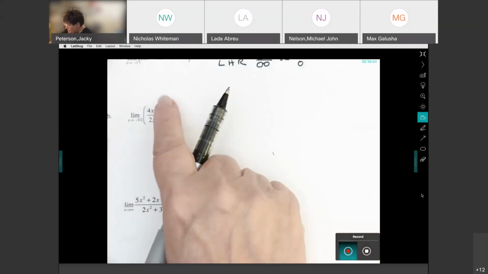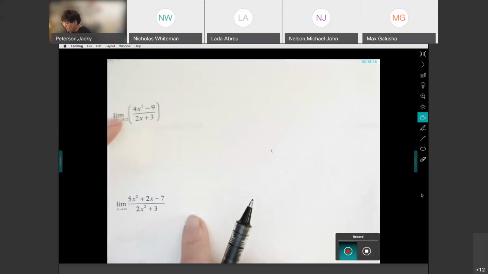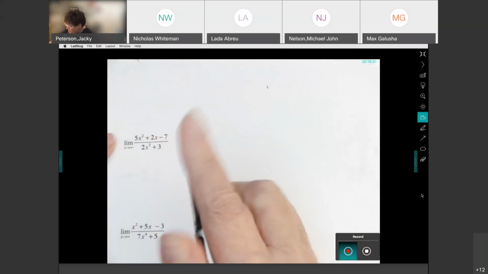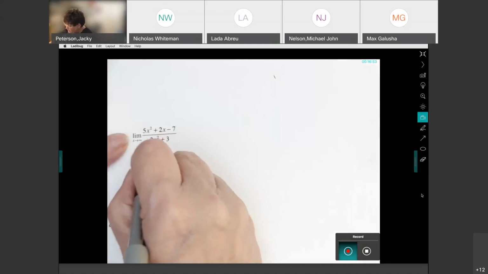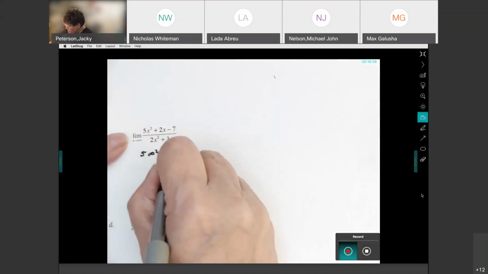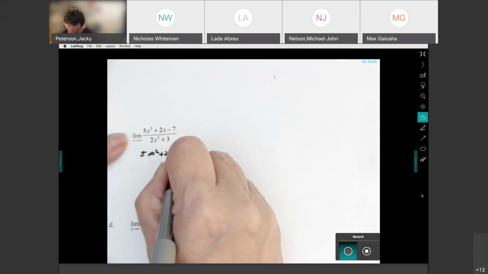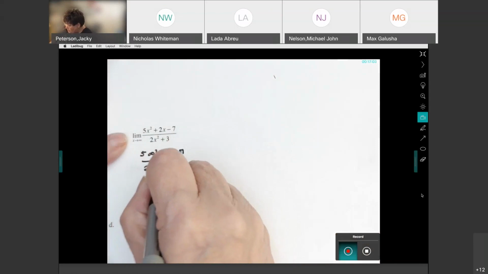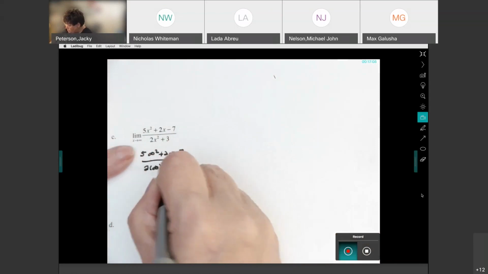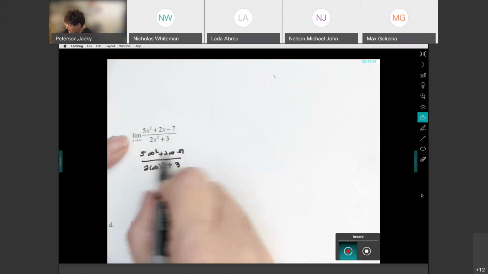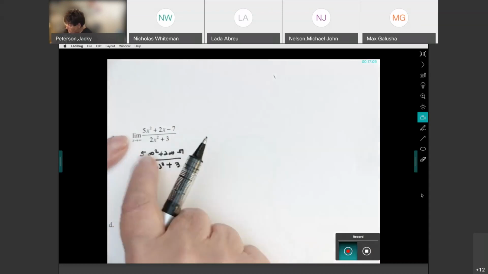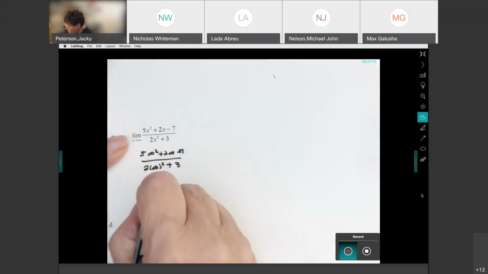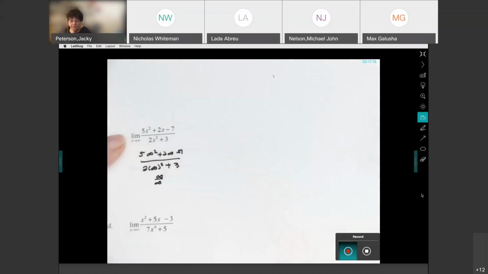Say, this one. If you put infinity in, you get 5 times infinity squared plus 2 times infinity minus 7 over 2 times infinity squared. Now, I would not necessarily use L'Hopital's rule on this one, but this is an infinity over infinity form. That's L'Hopital's rule.